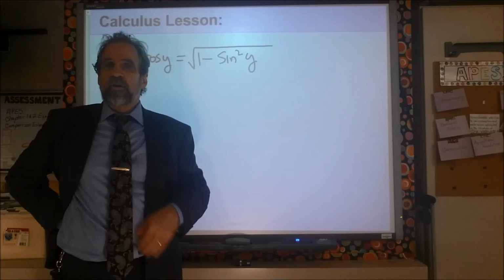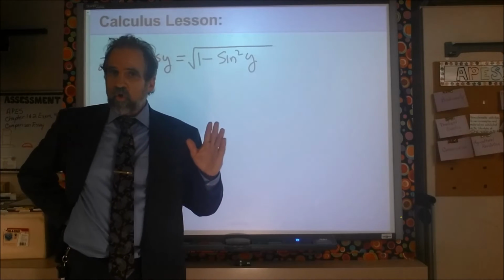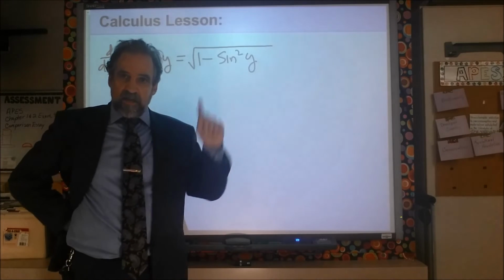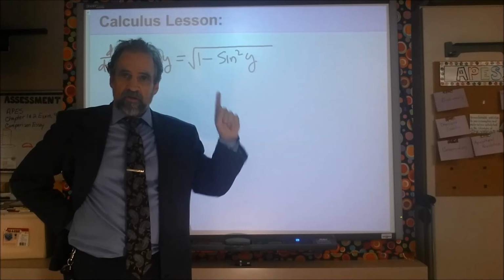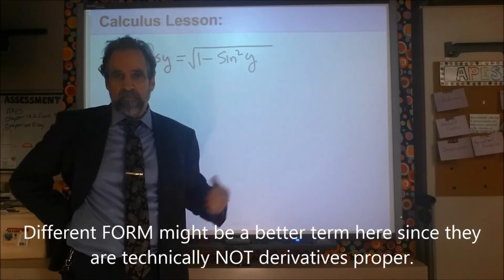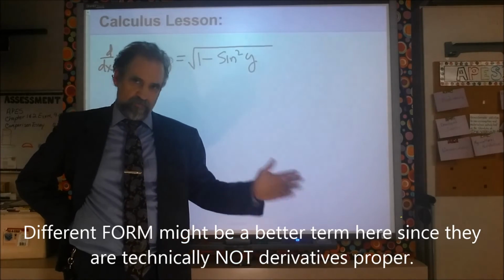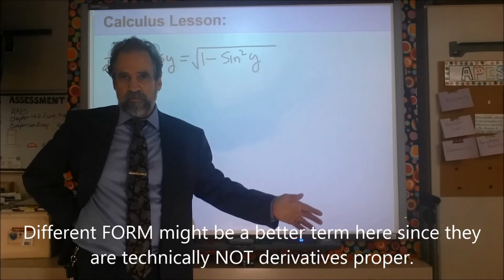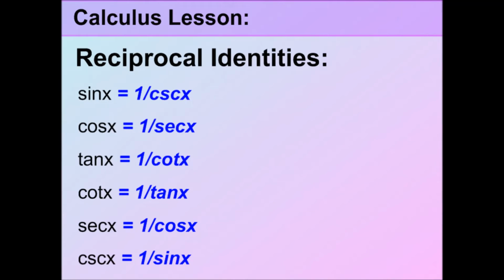I also would like you to know the Pythagorean ones. Sine squared theta plus cosine squared theta equals 1, and the other 2 you get from dividing everything by sine squared or by cosine squared. Those are your 3 forms.